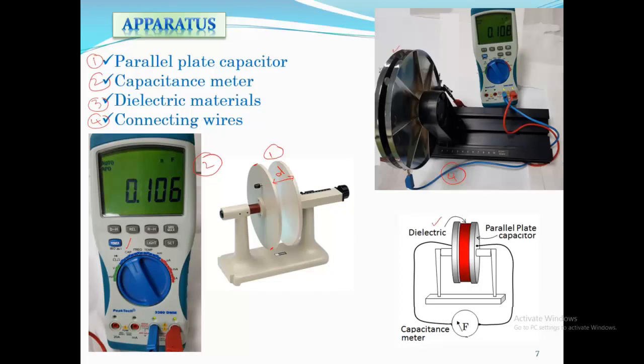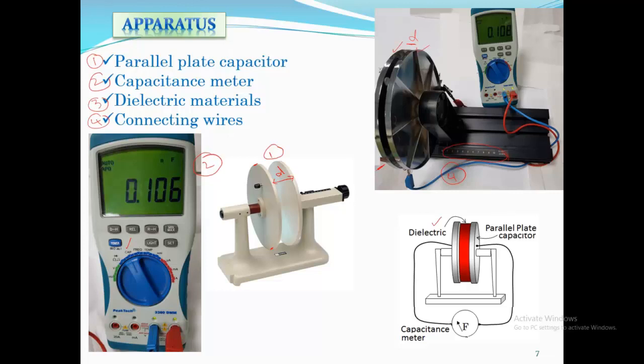So these are the 2 plates, and this is the distance between the plates, d. One plate on the left side is fixed. You have to move the right side only. You see, this is the scale here, in centimeter 1, 2, 3, 4, further divided into smaller lines. 1 centimeter is equal to 10 millimeter.